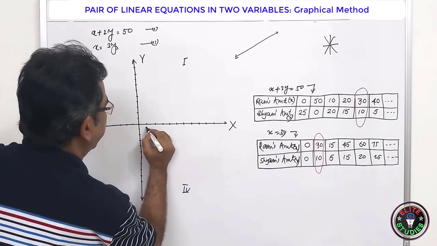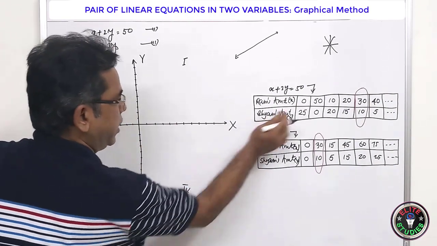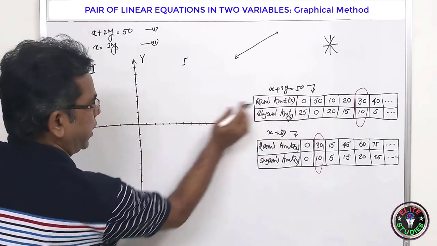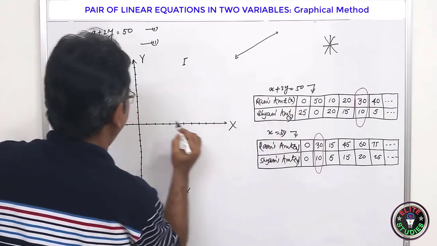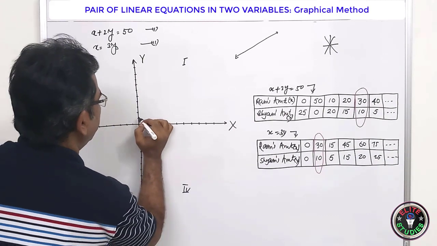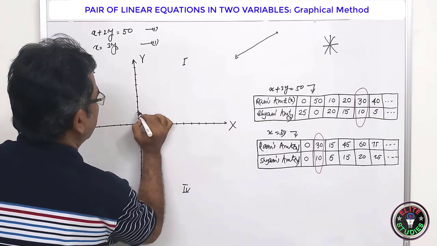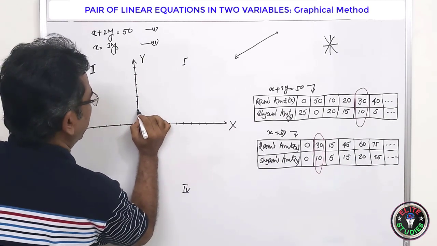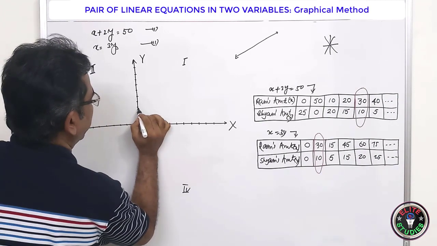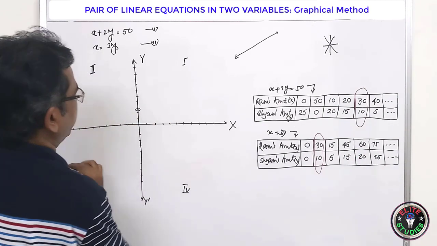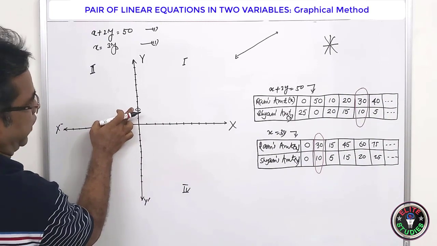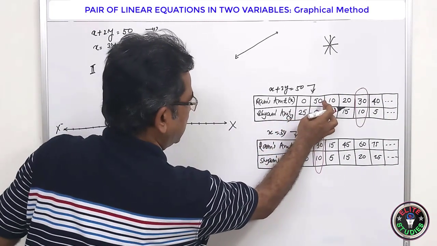We have marked 10, 20, 30, 40 like this. If x is 0, then Sam's amount y is 25, which is half of 50. This is the point. So, 10, 20, 25.